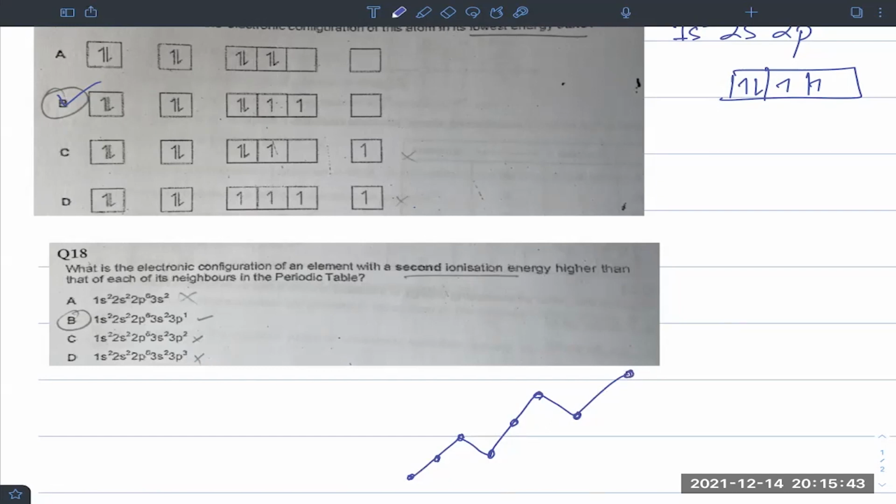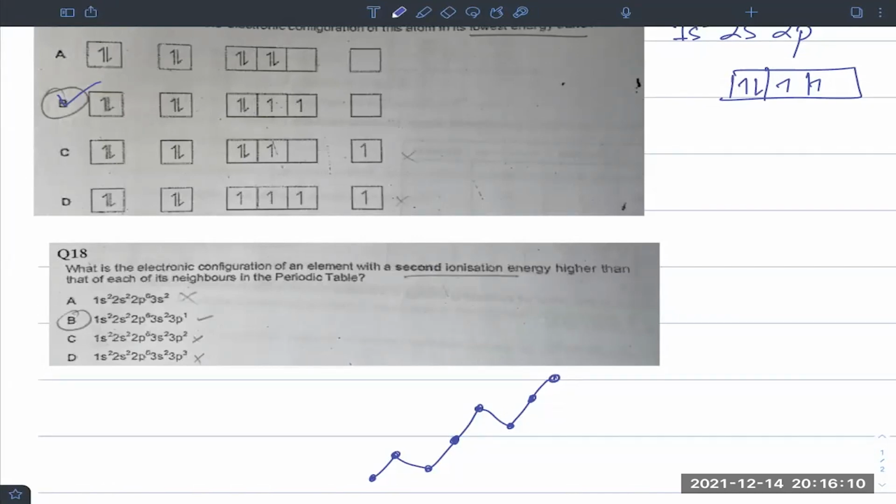I made it backwards, sorry, my bad. Usually the pattern goes like this. For the two s electrons, removing the first p electron is easy, then removing the third p electron is difficult, and the fourth is easy because of the mutual repulsion. So here's how the pattern goes. So it's like a dragon.